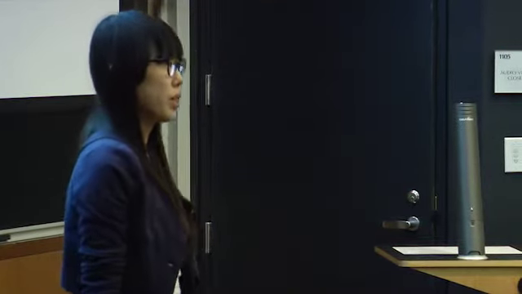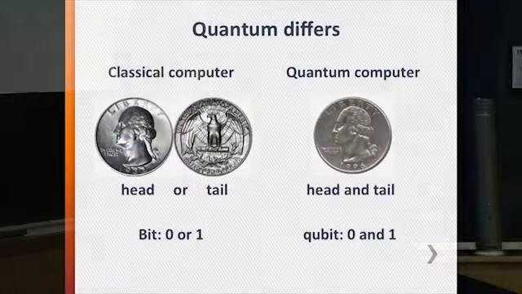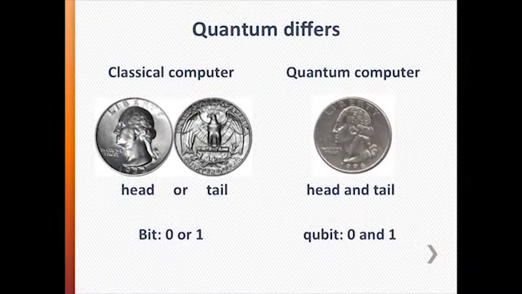It is actually the different way of representing information that makes a quantum computer more powerful. In a classical computer, we use binary digits, bits, and the value of each bit can be 0 or 1, like the quarter shown here. It can be heads up or tails up.